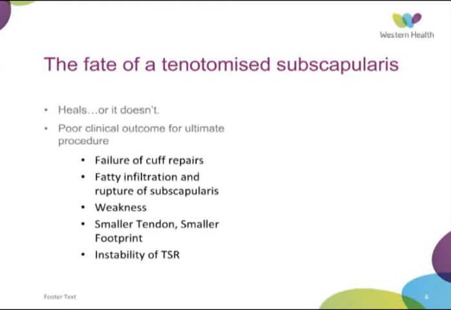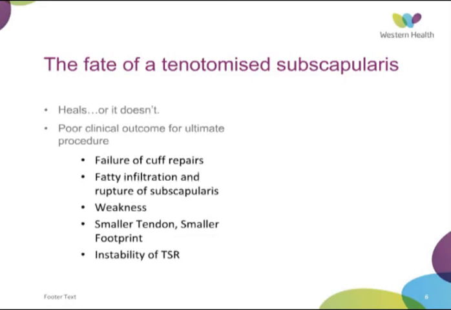After it's been tenotomised in open shoulder surgery, the subscapularis will take one of two paths. Most of the time it will heal, and a small percentage of the time it may not. And if it does not, it may be associated with poor clinical outcomes for patients. And this has been the subject of scrutiny in the shoulder literature over the last decade or so.